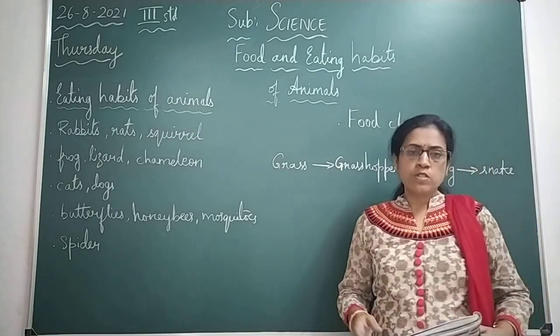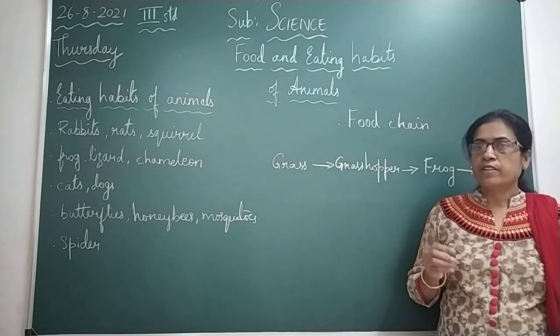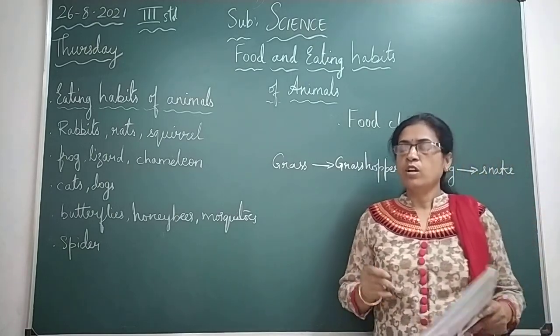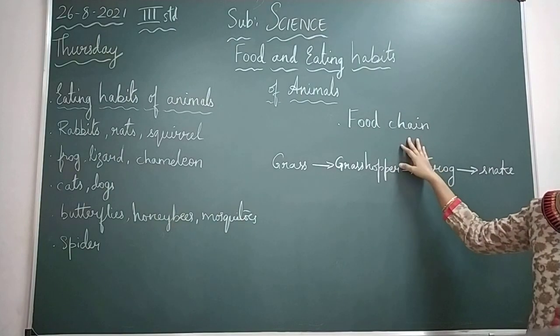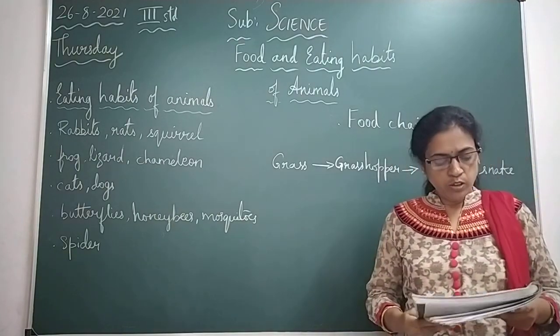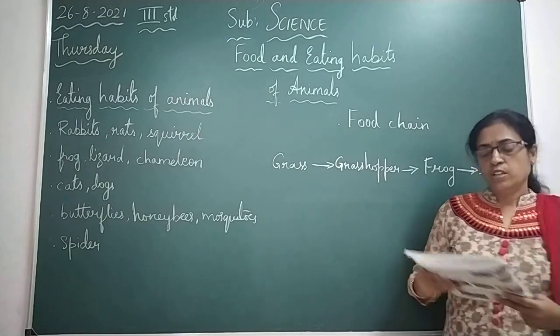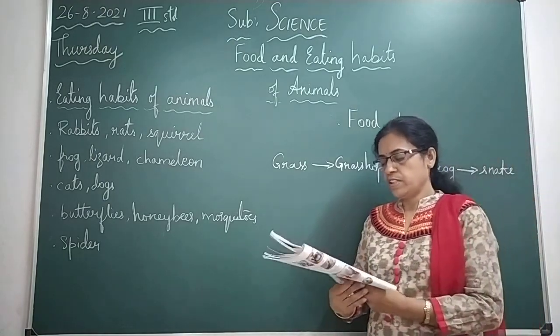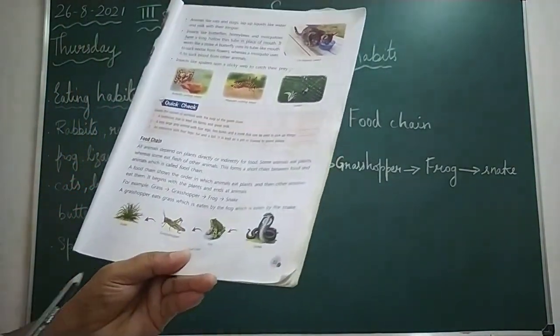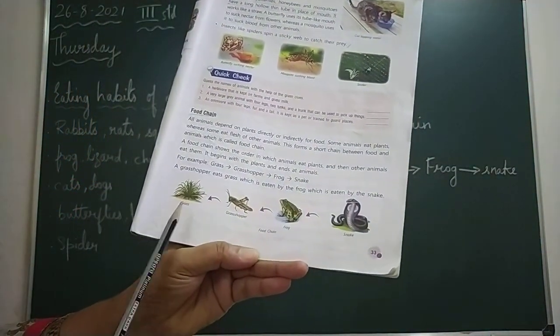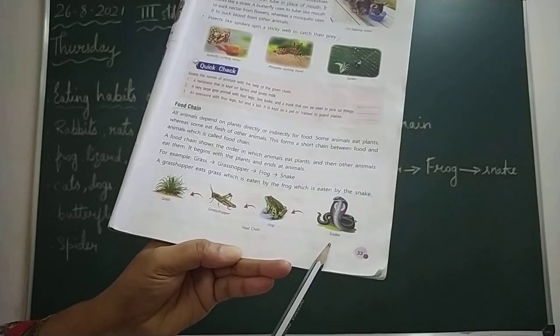So children, this forms a short chain between the food and the animal and is called a food chain. A food chain shows the order in which animals eat plants and then other animals eat them. You can see in the picture here, it begins with the plant and ends at animals.